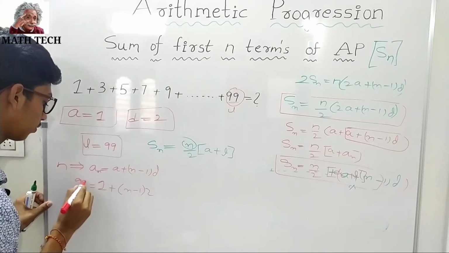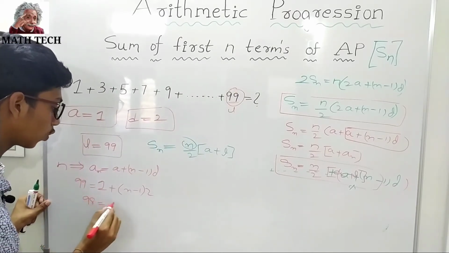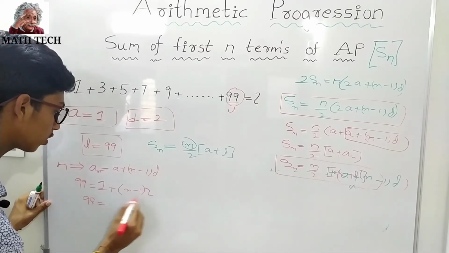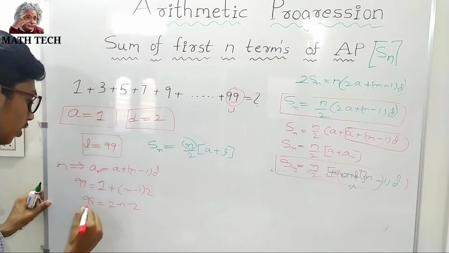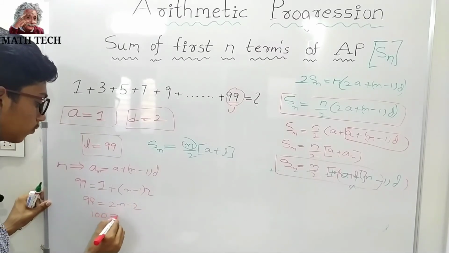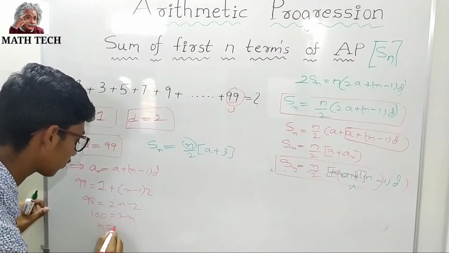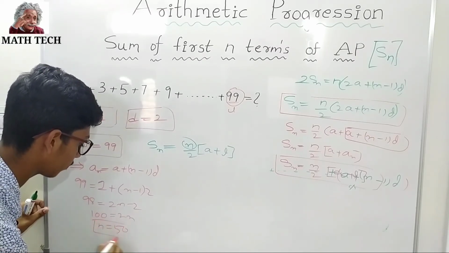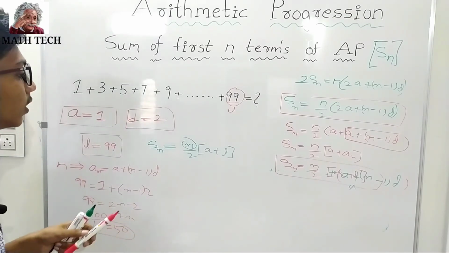So 99 minus 1, 98, is equal to n minus 1 into 2, that is 2n minus 2. 100 is equal to 2n, so n will be 50. N is equal to 50. So it is the 50th term.